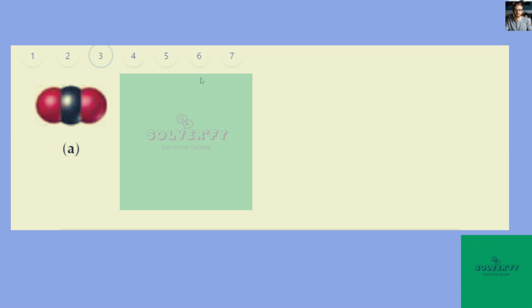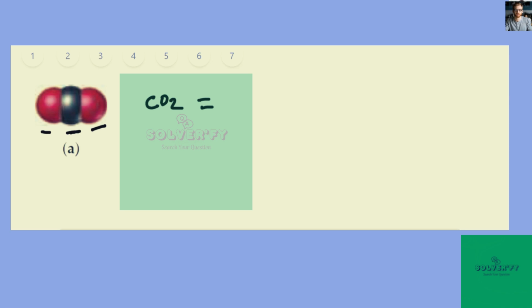Our first model here is this, where this black sphere is carbon and these red spheres are oxygen. So our formula of the compound is CO2, and that means the formula weight of this compound will be simply the sum of the atomic weights of each atom present.